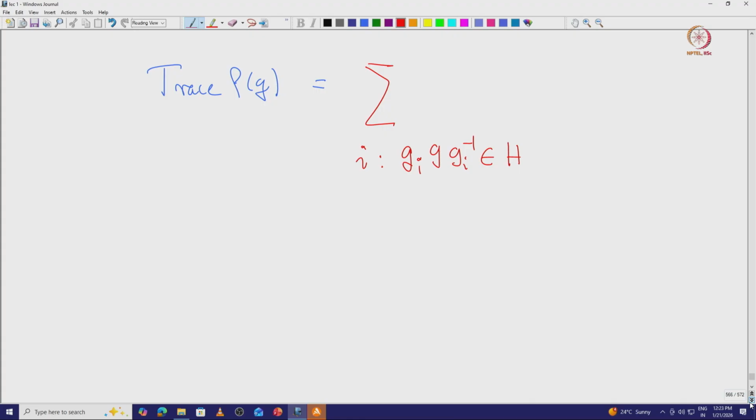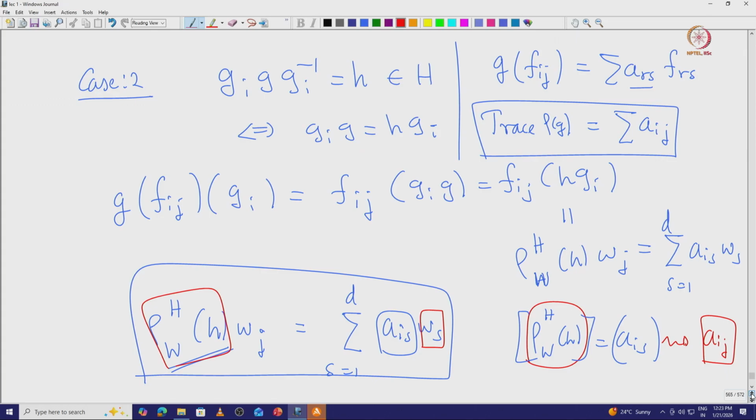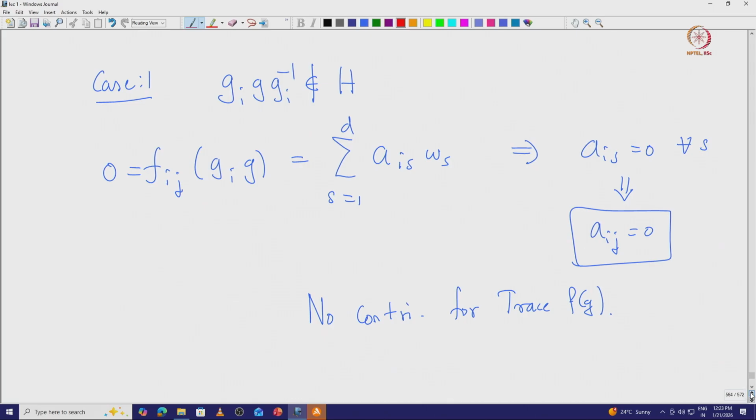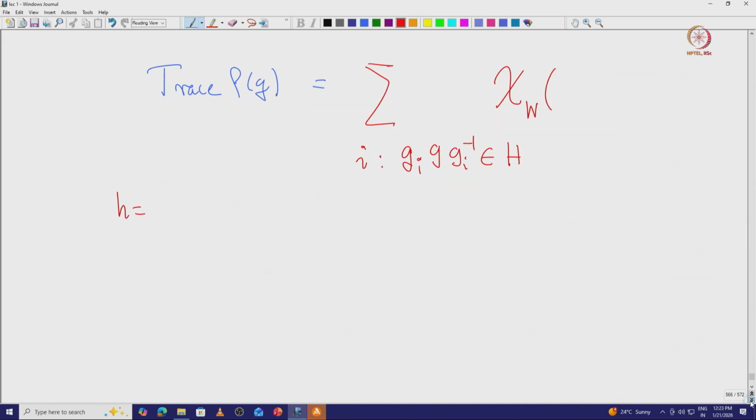But that trace is given by this character value chi W of h, and from the previous relation we can conclude that h is exactly gi inverse. If you write everything in terms of gi, this is exactly equal to the sum over all i such that gi inverse is in H, of the character of gi inverse.